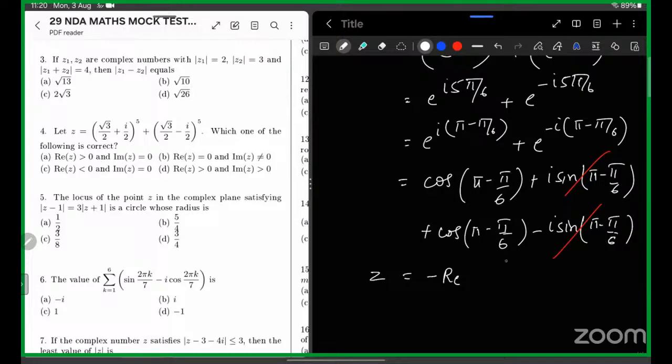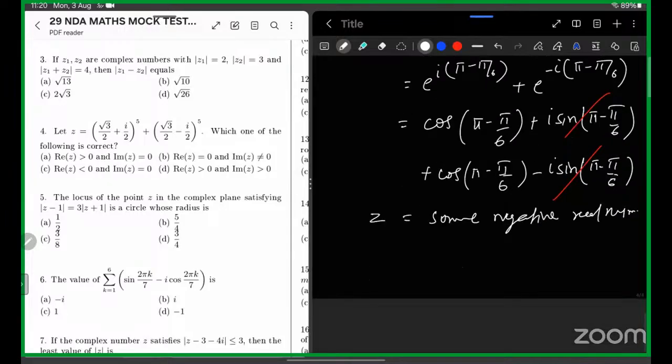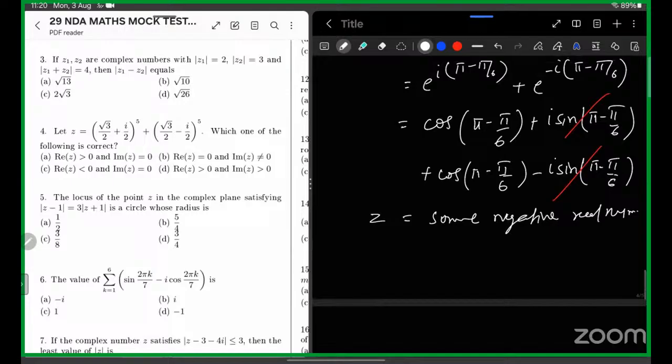Okay, this value will be some negative value, a negative real number. They are not asking the exact value, so no need to find it. Just according to the option, some negative value we are getting. So we can see real part of z is less than 0 and imaginary part equal to 0.